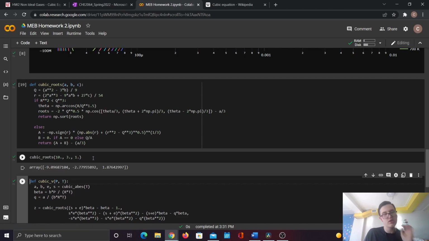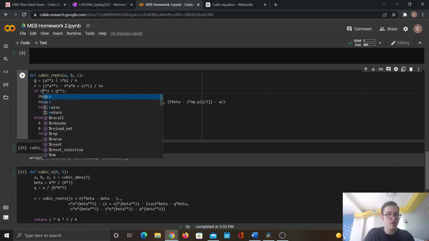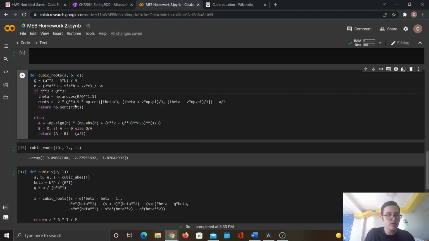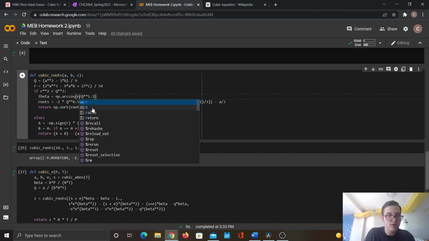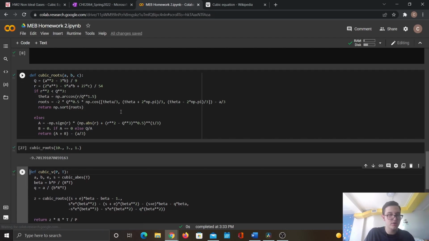Aha! I know where this is now. It is here. So this needs to be if r, because, again, I missed here, r. Is that the only issue? Okay. Try that again.